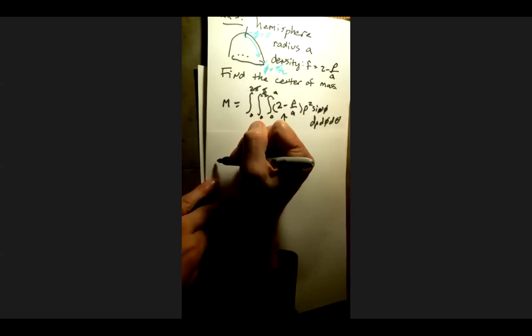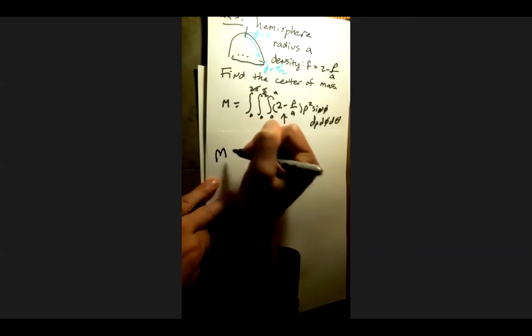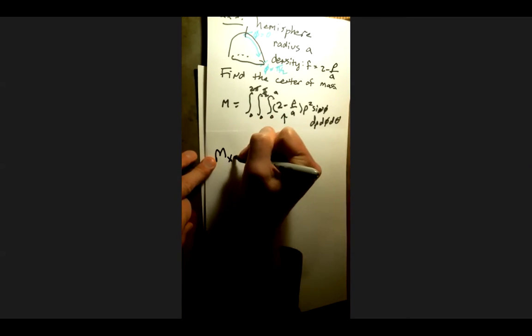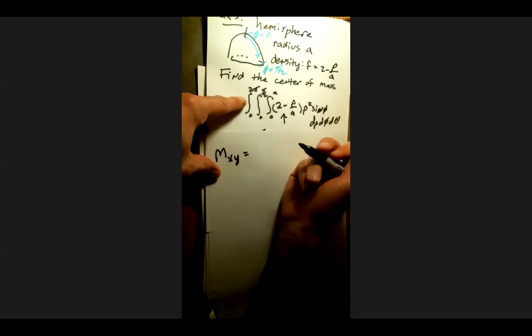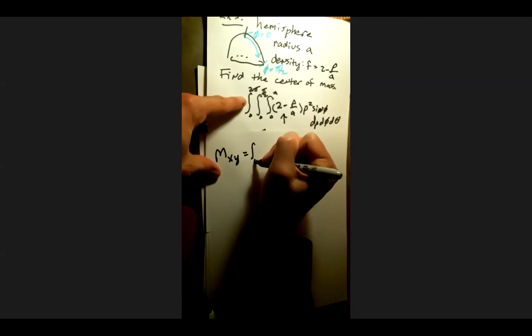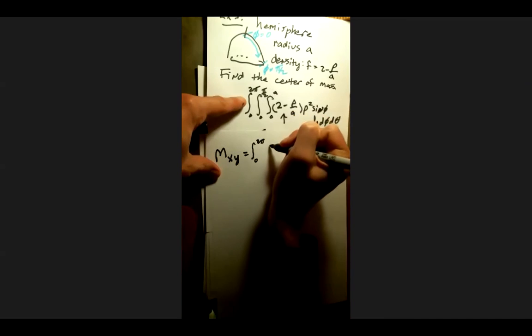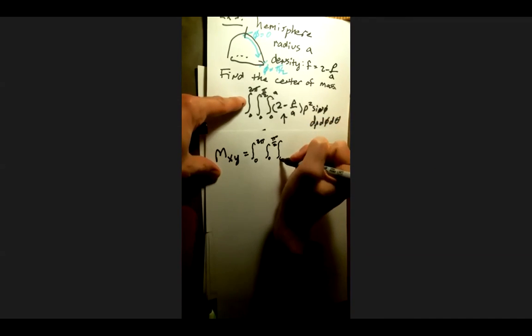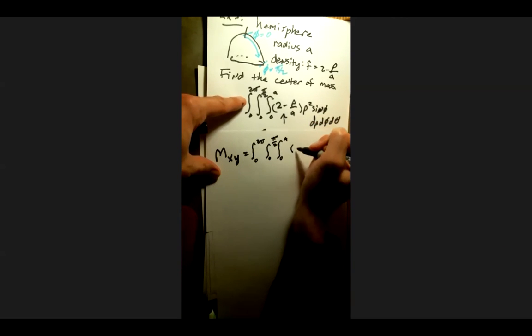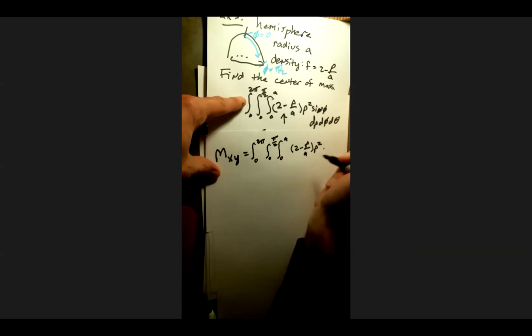So if we wanted to find the moment about, let's try the xy plane, we would start with this same exact triple integral: 0 to 2 pi, 0 to pi over 2, 0 to a, 2 minus rho over a, rho squared, sine phi, d rho d phi d theta.